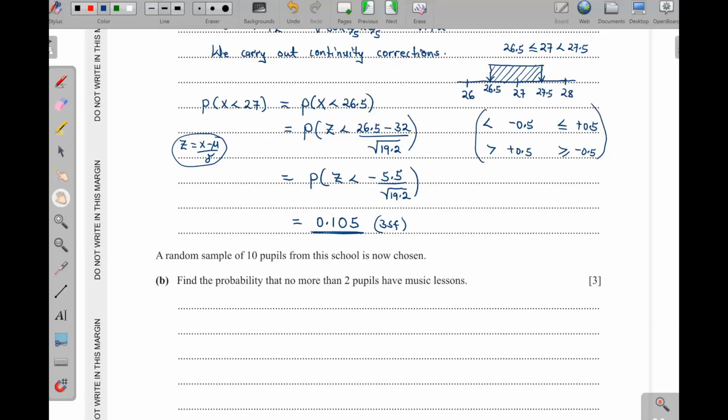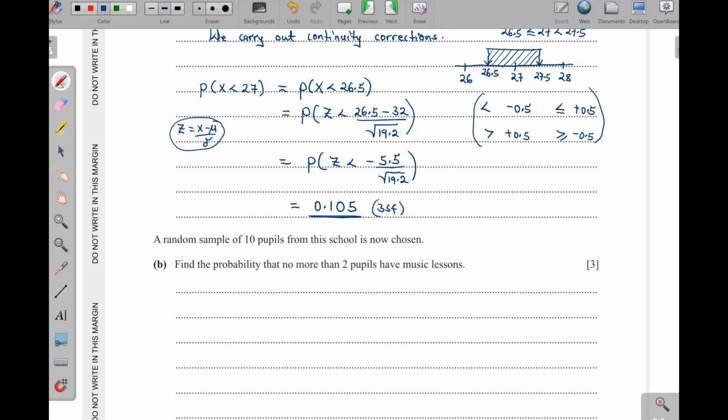Then here they are saying that a random sample of 10 pupils from this school is now chosen. The number of the students is now known. Find the probability that no more than 2 pupils have music lessons. So this is clearly a binomial distribution. Why?